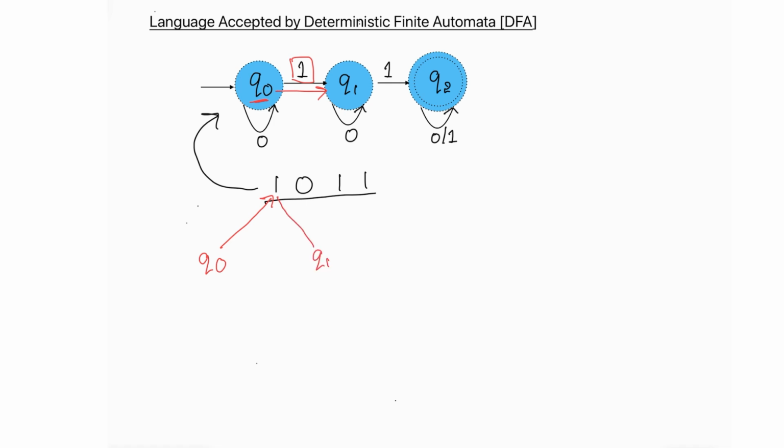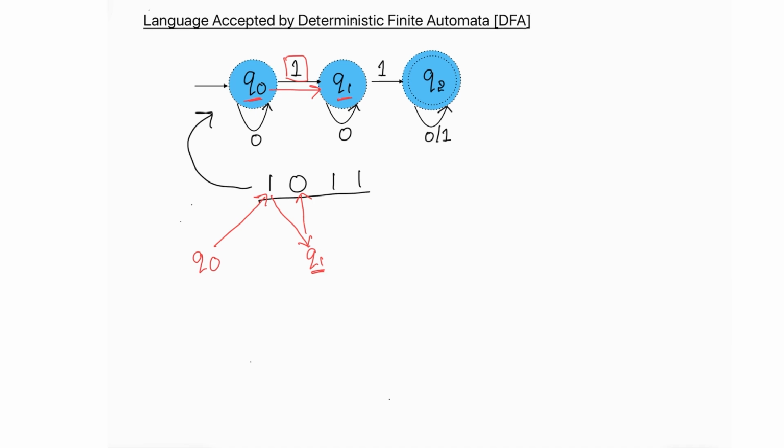The current state of the machine is Q1. Now, from this Q1 state, what is the next symbol to be passed? The next symbol is 0.